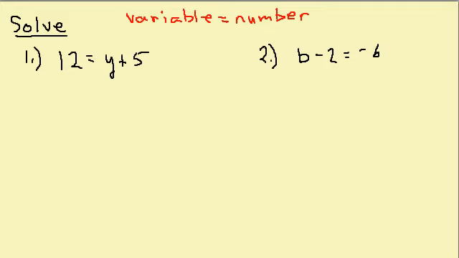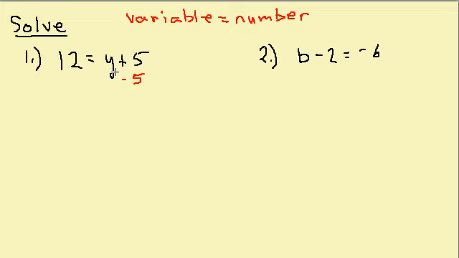Here we have 12 equals y plus 5. We want to get the variable on one side, the numbers on the other. So let's get rid of this plus 5. To get rid of the plus 5, what are we going to do? We're going to subtract 5, and that will make this go to 0, and we'll end up with just y.